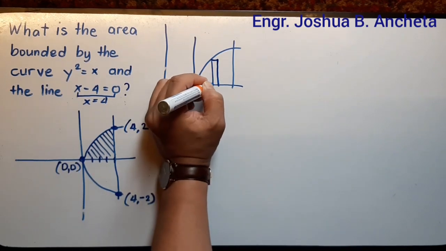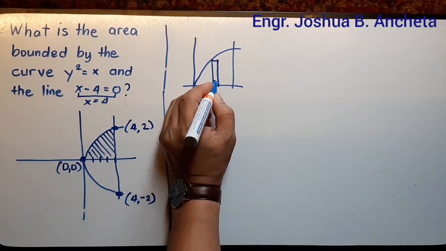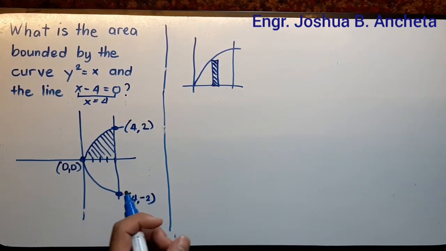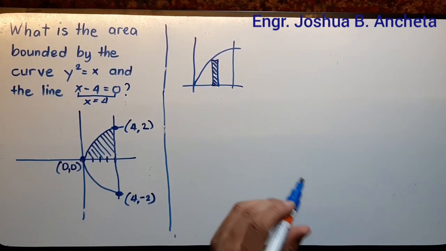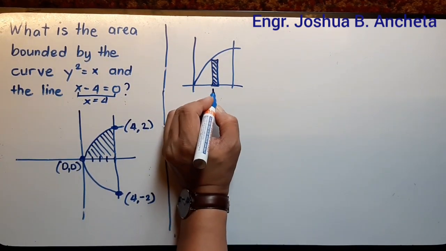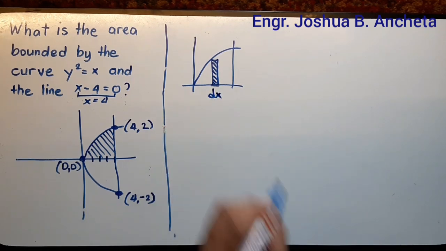vertical strip. This vertical strip is in the shape of a rectangle. And we just need to indicate its sides. First, the shorter side should be represented by dx.